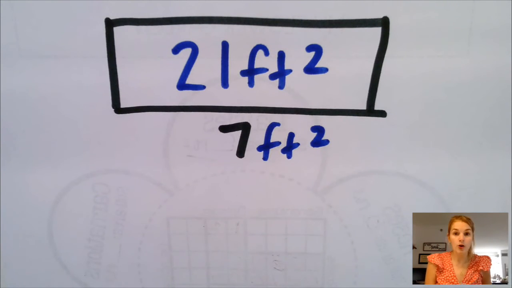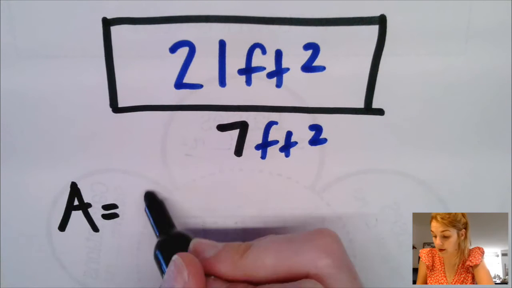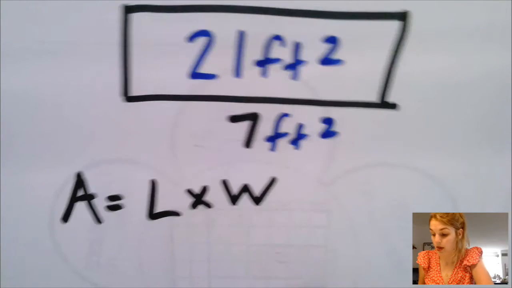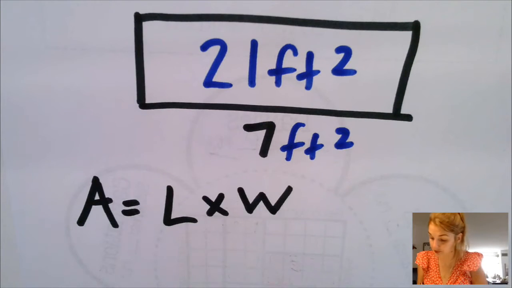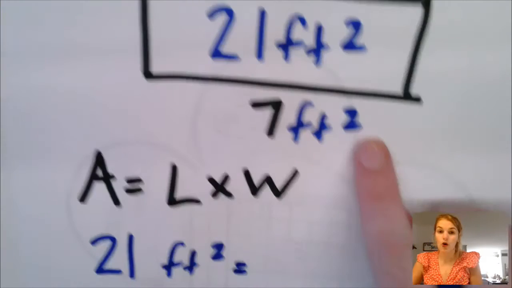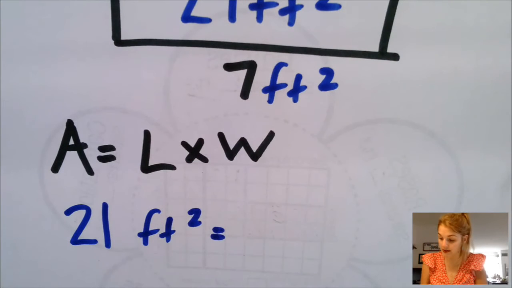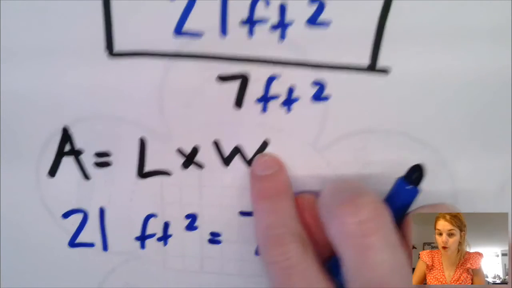So remember, all you have to do is use your formula to help you. Area equals length times width. Okay, well, we know our area is 21 feet squared. We know our length is 7. And we're looking for our width.